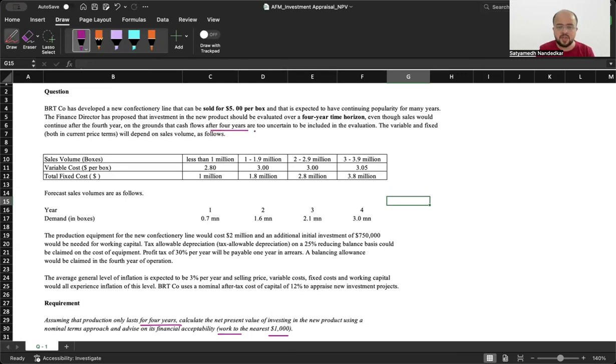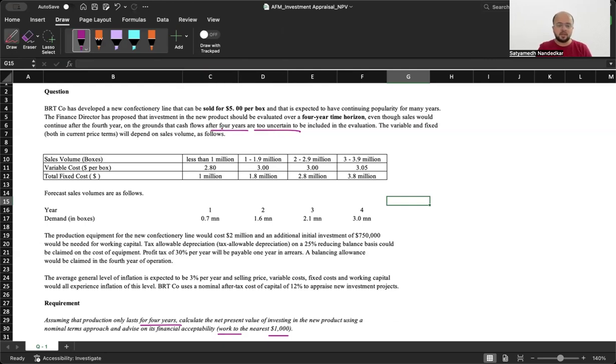It's not as if the business will stop after 4 years, but according to the management of this company, it will not be possible to predict the cash flows with any level of accuracy. So the best thing to do is prepare a calculation up to 4 years and evaluate. Do not go beyond the 4th year.